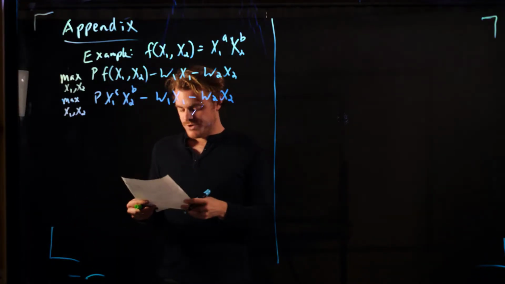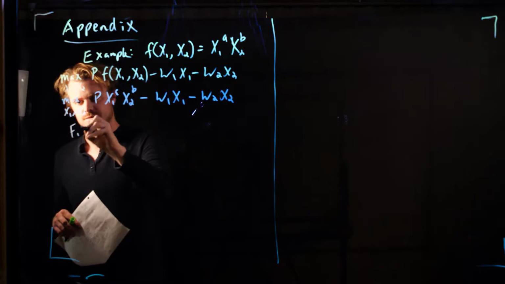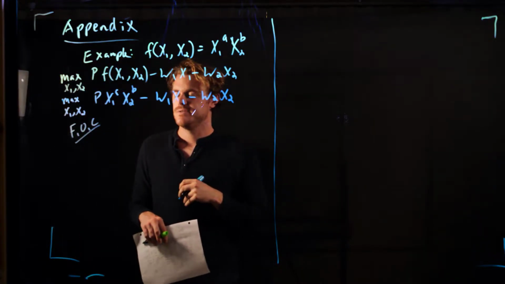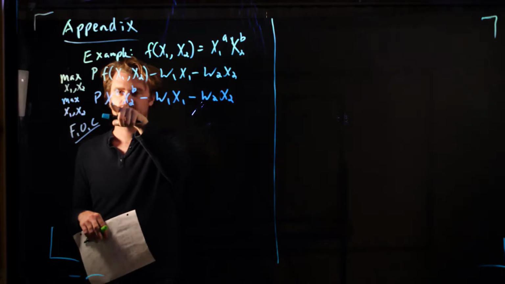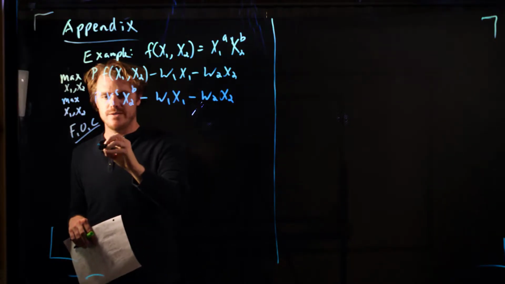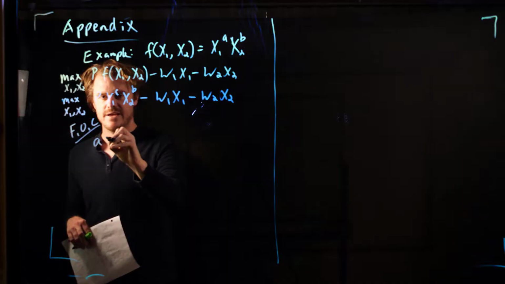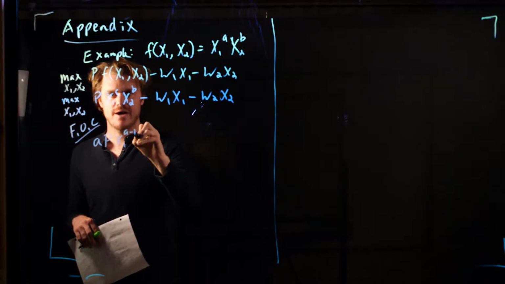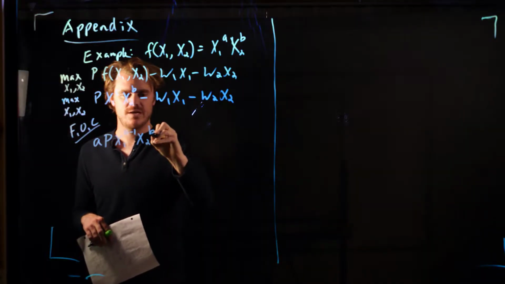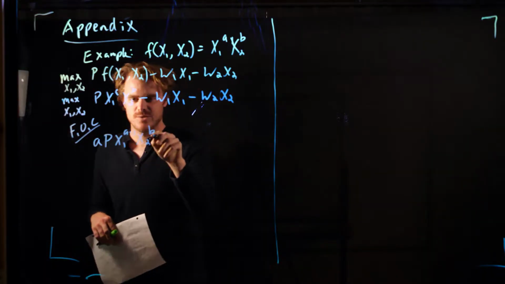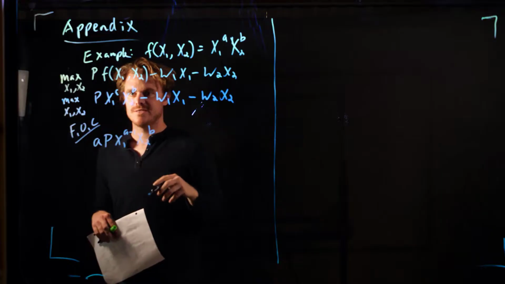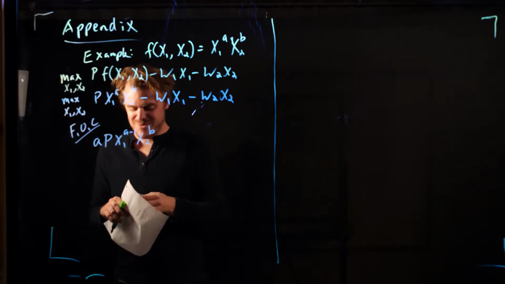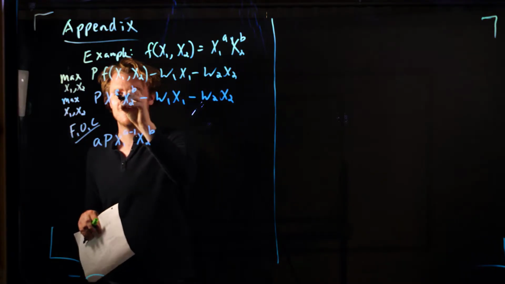We have two first order conditions, since we're maximizing. The derivative with respect to x1 is just a times p, x1 to the a minus 1, x2 to the b. x2 is like a constant and p is like a constant, so we're using the power rule here.